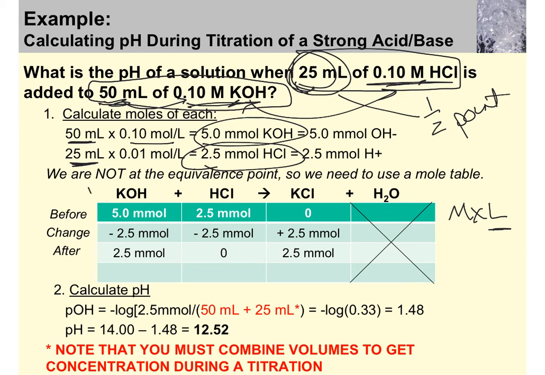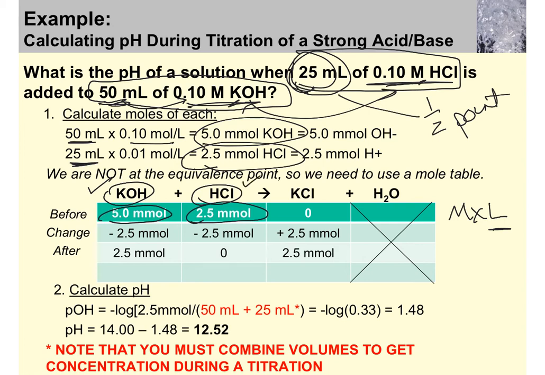Then our mole table, remember a mole table is like an ICE table, except that it's in moles instead of concentrations. So if we have 5 moles of KOH and 2 moles of HCl, however much is there will totally react.